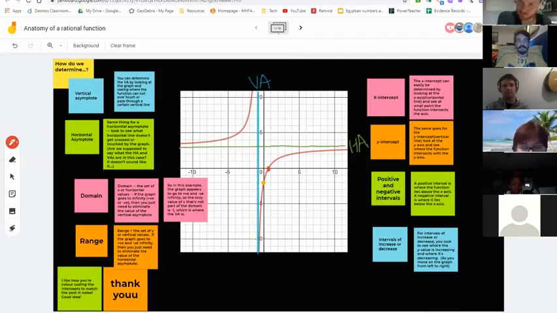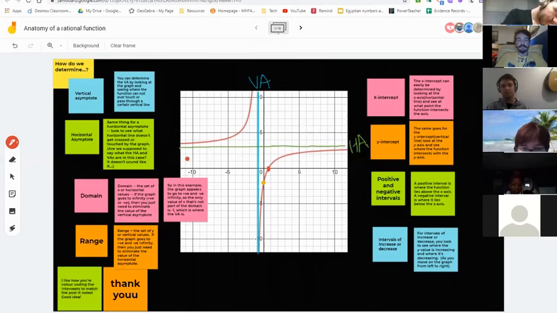So for a positive and negative interval, a positive interval occurs where the function lies above the x-axis, so where you have positive y values, and it's a negative interval for the portion where it lies below the x-axis.